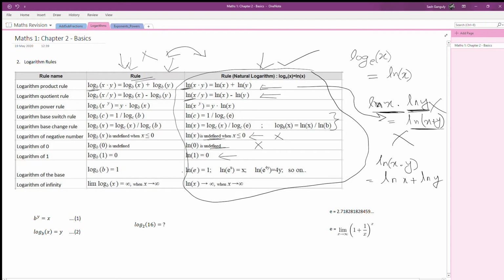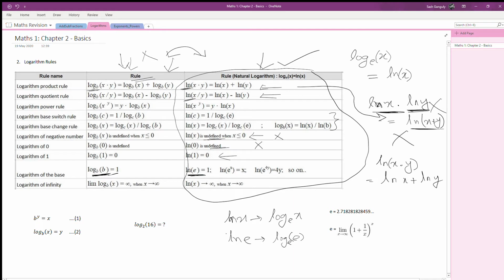This one is again important. The generic rule tells me that log of b with a base of b is equal to 1. The same thing applies to natural logarithms. Because ln of x is equal to log base e of x, ln of e is equal to log base e of e.